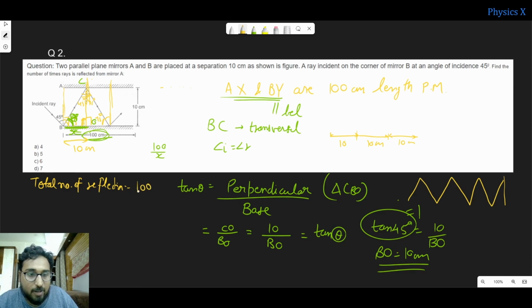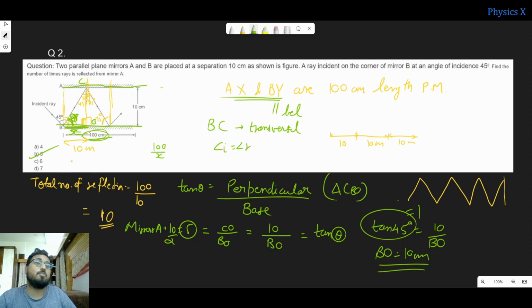Total distance of the mirror is 100, and at every 10 centimeters the reflection will be going on. So 10 reflections will be there. Now we know that half of these will be from mirror A and half from mirror B. So for mirror A, we can write 10 by 2, that is 5 reflections. So 5 from mirror B, 5 from mirror A.